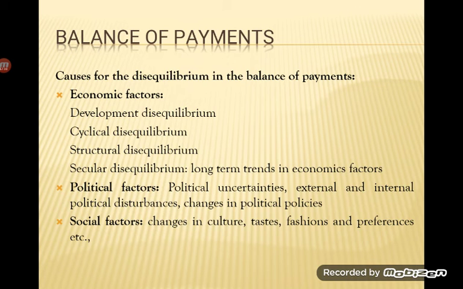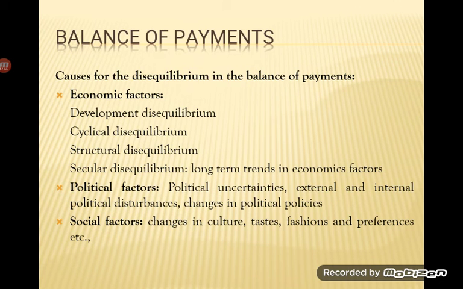Then we have secular disequilibrium, which mainly refers to long-term trends in economic factors. Long-term trends are set by the government, just like a business organization's mission and vision. There is a vision for every country, set by the government, of what they have to achieve after a certain time period. For example, India has to become an economic superpower by a particular time.